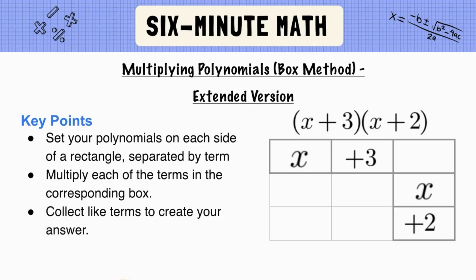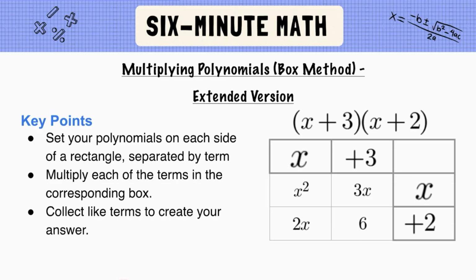At this point, we are going to multiply each of the terms into the corresponding box. That means I'm going to multiply x times x for x squared, 3 times x for 3x, x times 2 for 2x, and lastly, 3 times 2 for 6.